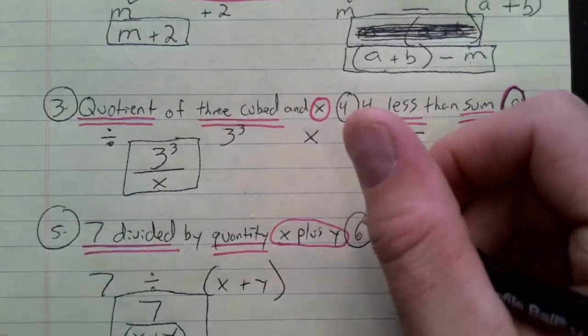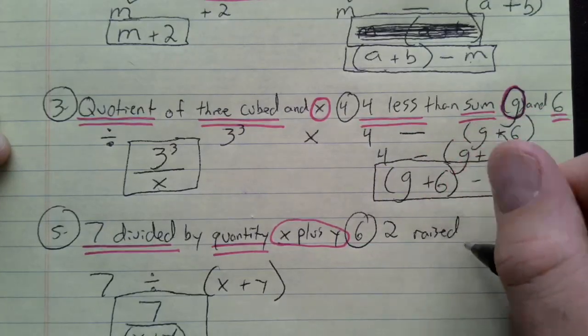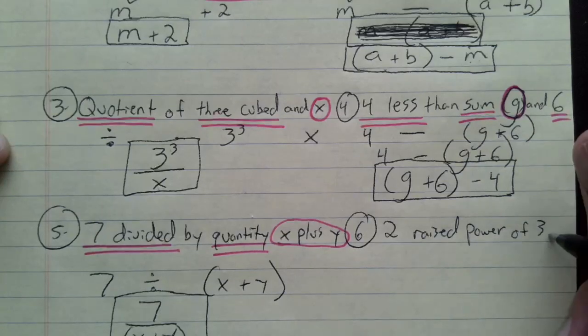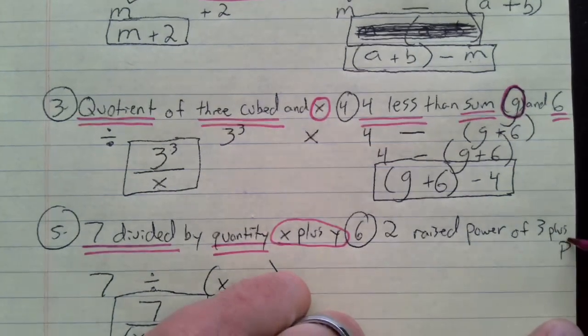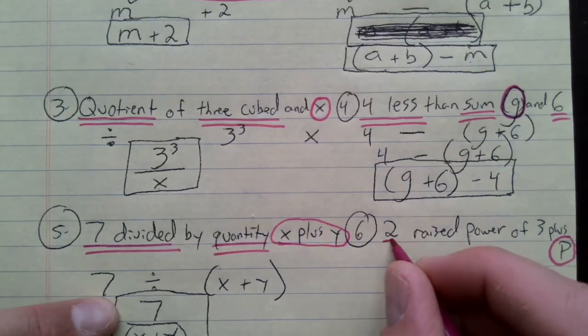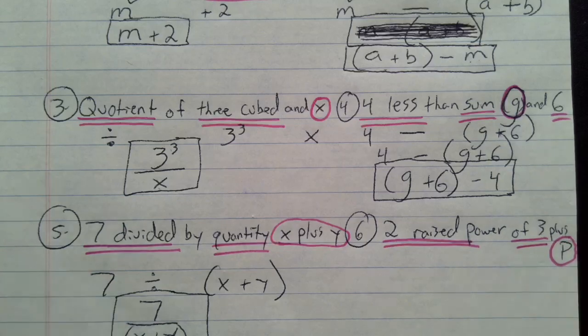Number 6 is going to be 2 raised to the power of 3 plus p. So step 1 is just to circle that variable. There's a variable p. Here is something that's telling us 2 raised to the power of 3. So just underline important keywords.